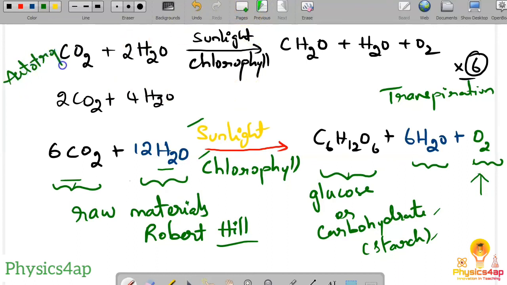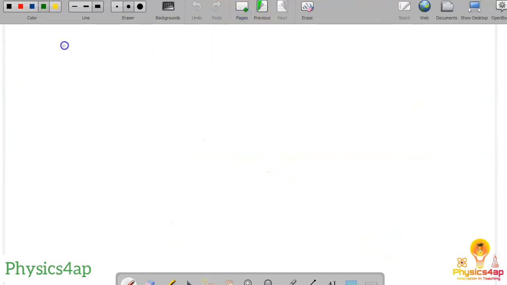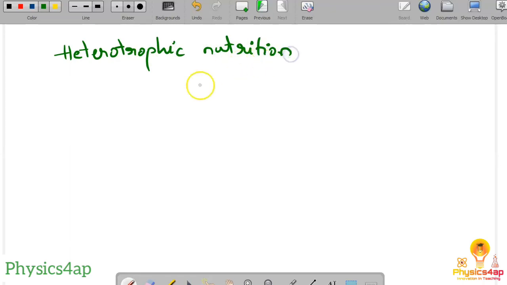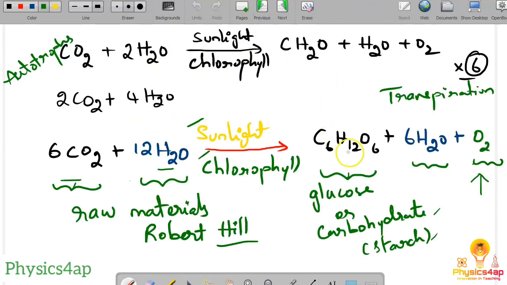But the living organisms which cannot prepare their food, like we have discussed about the heterotrophic nutrition. So heterotrophic nutrition is nothing but which cannot prepare its food but depends upon other animals. So the animals cannot prepare their own food. They cannot synthesize the carbohydrates, like the C6H12O6, the complex structure of a carbohydrate.